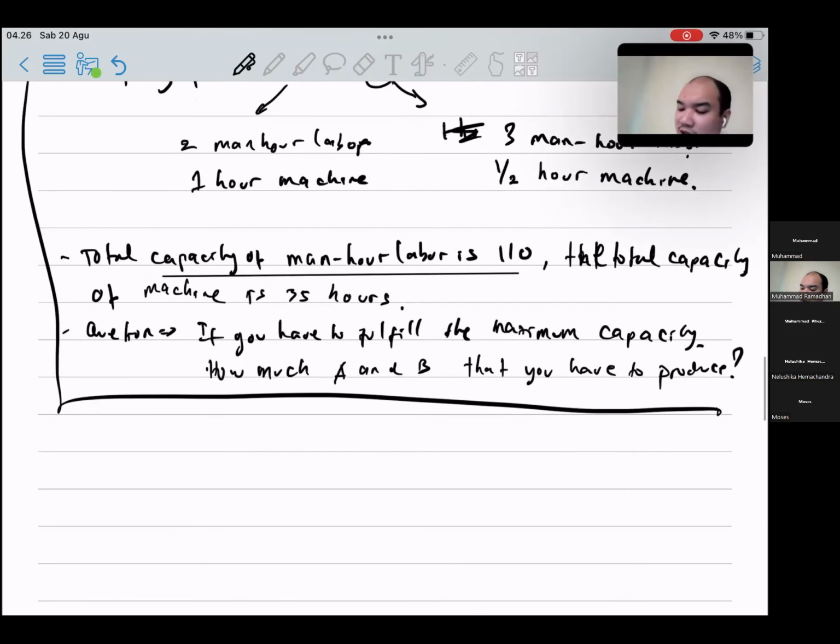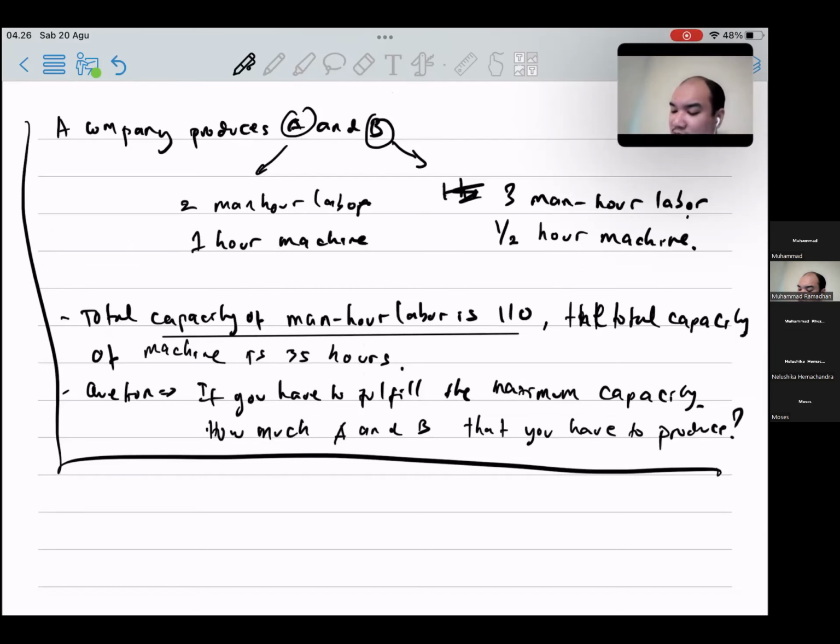So you can draw this case into a linear equation like this: 2A plus 3B equal to 110, because 110 is the maximum capacity.